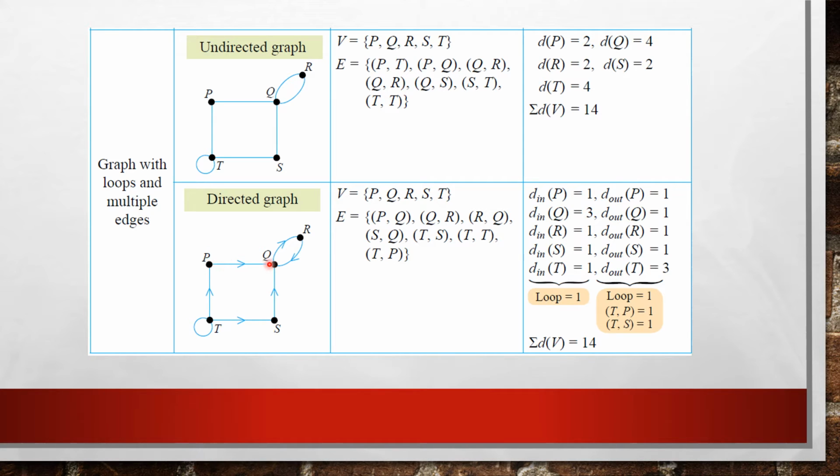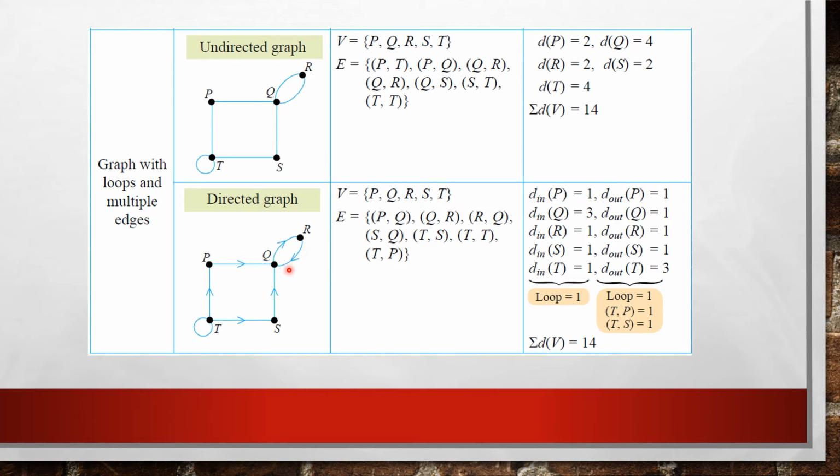From P to Q, the arrow starts from P and ends at Q, so you write PQ. Next, the multiple edge: one side starts from Q and ends at R, then the other side starts from R and ends at Q. So you write the edges QR, RQ.